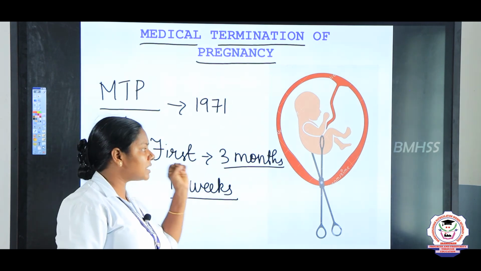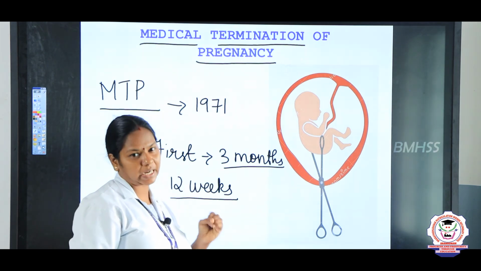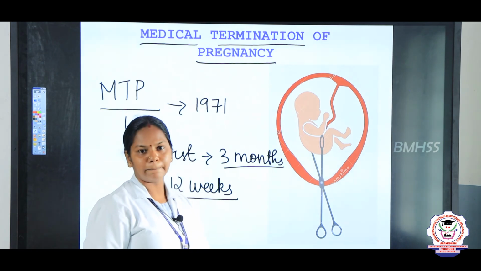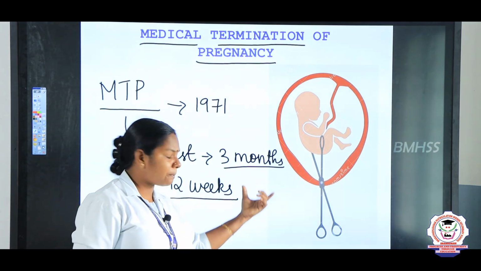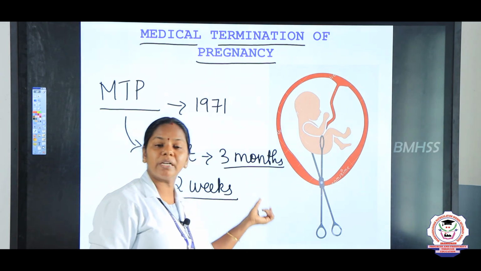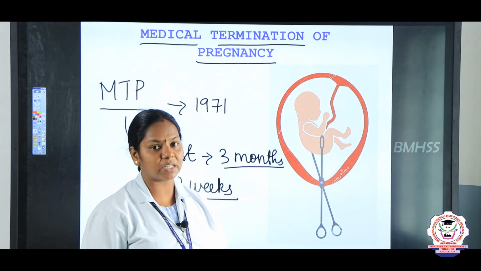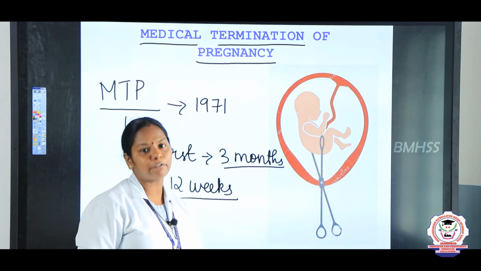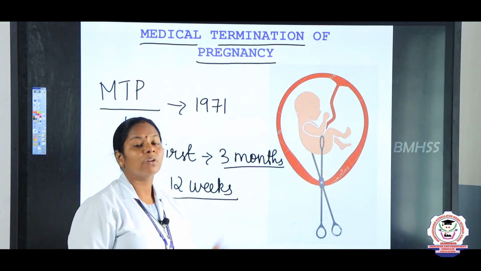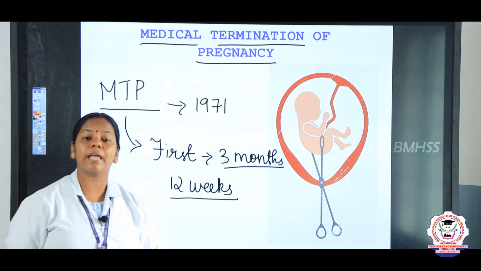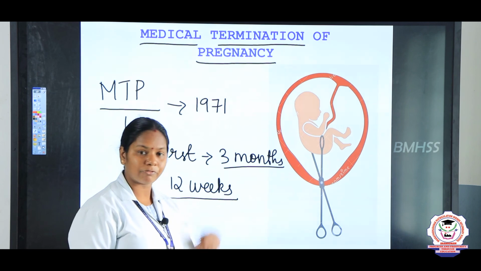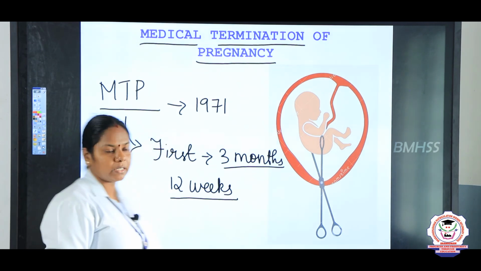And MTP of the first child may lead to psychological stress in the mother. So MTP is legalized and it should be done by qualified experts in a hospital. Unqualified places may lead to infection of the mother. So which period is safe for MTP, children? Yes, the first trimester. After that, it is not possible.